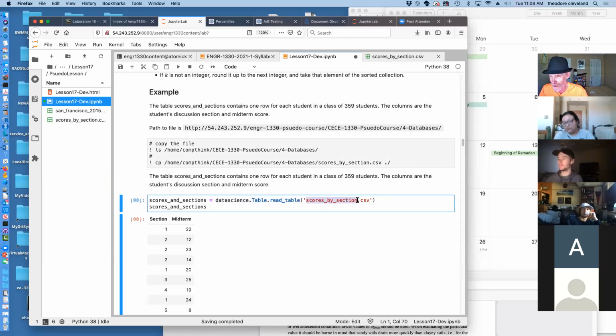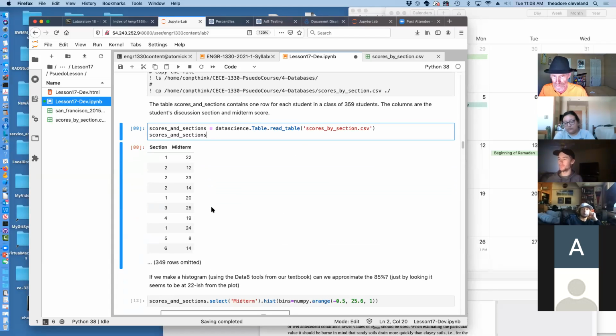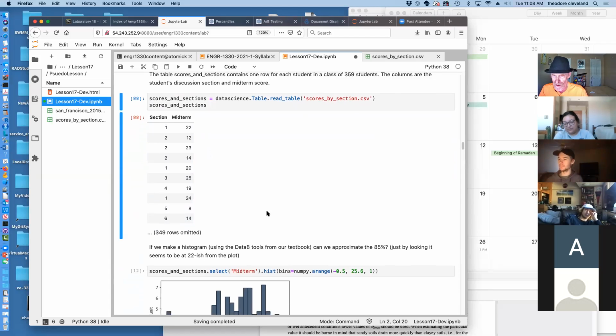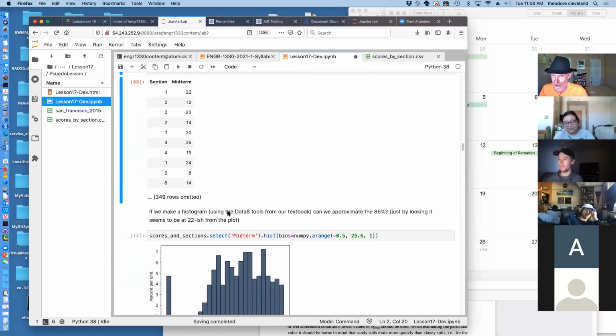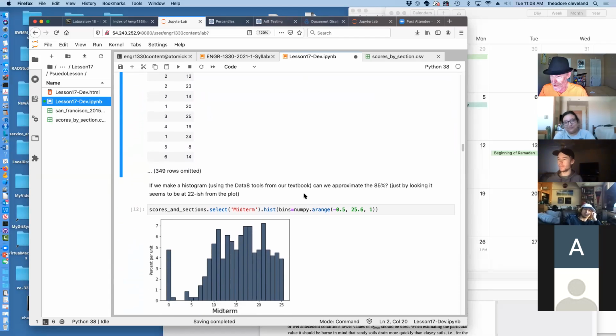And we're going to read the file called scoresbysection.csv, and then we're going to print out the table, and it gives us the section and the midterm value. So let's make a histogram, again, using the tools from our textbook that everybody reads all the time, and see if we can approximate the 85th percentile just by looking at it.